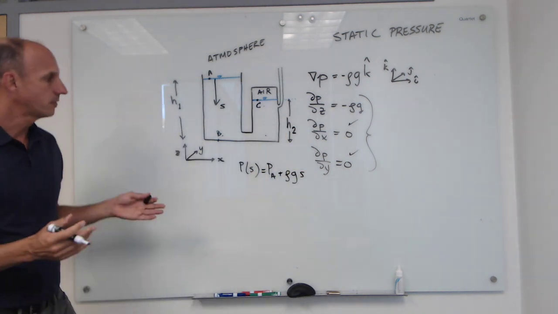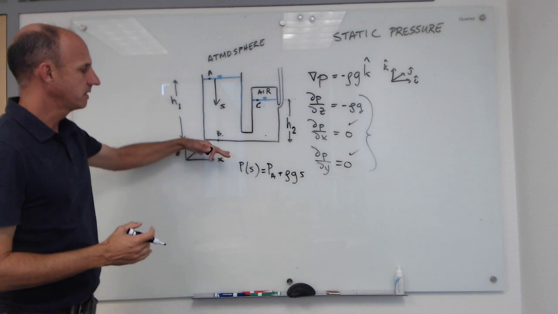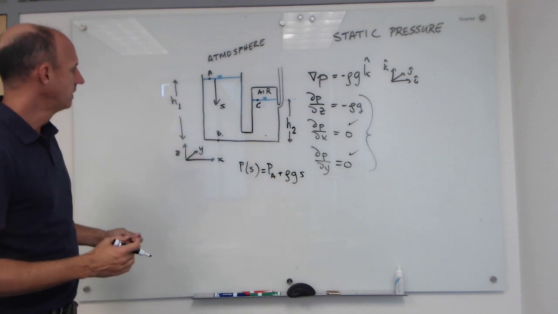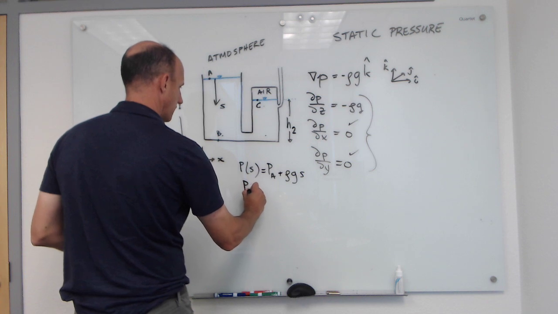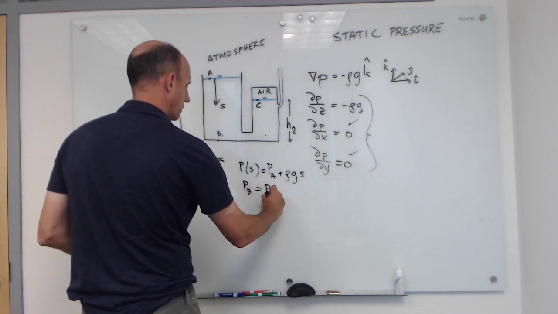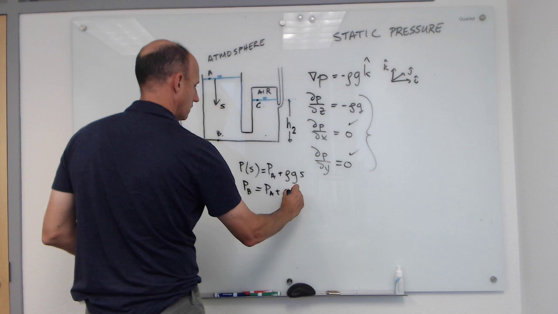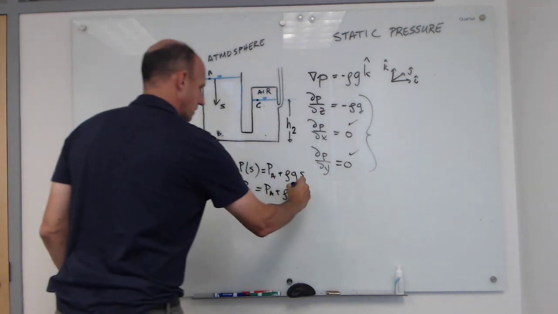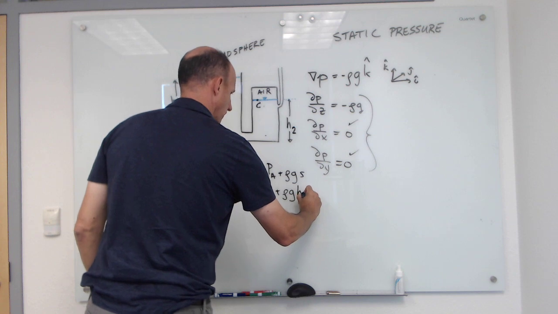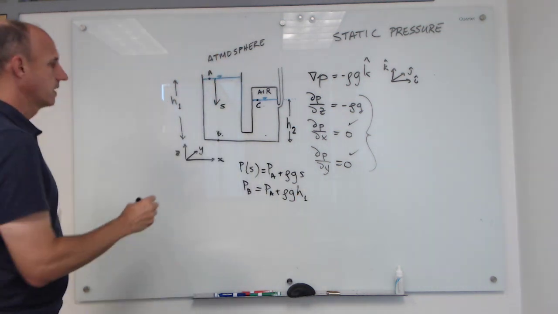So pressure will increase linearly with s as we go down. And that means that down here at location B, the pressure at B is just equal to the pressure at A plus rho times g times this height, which is labeled h1. Okay, so that brings us down to B.